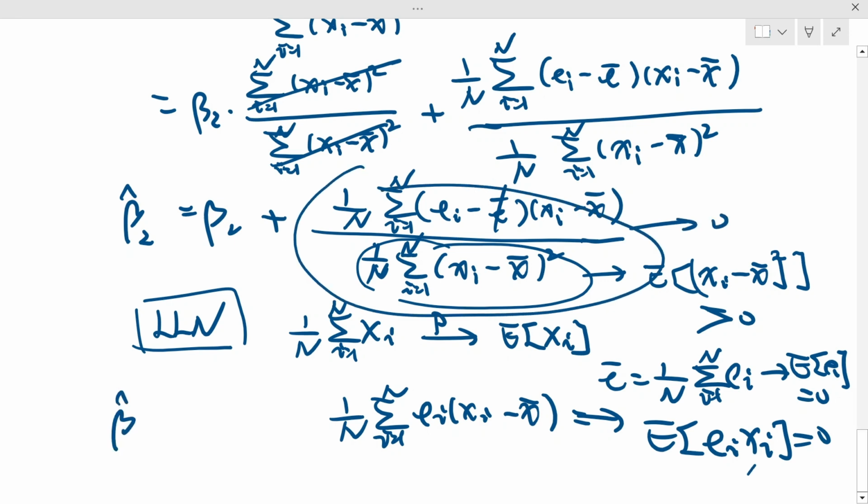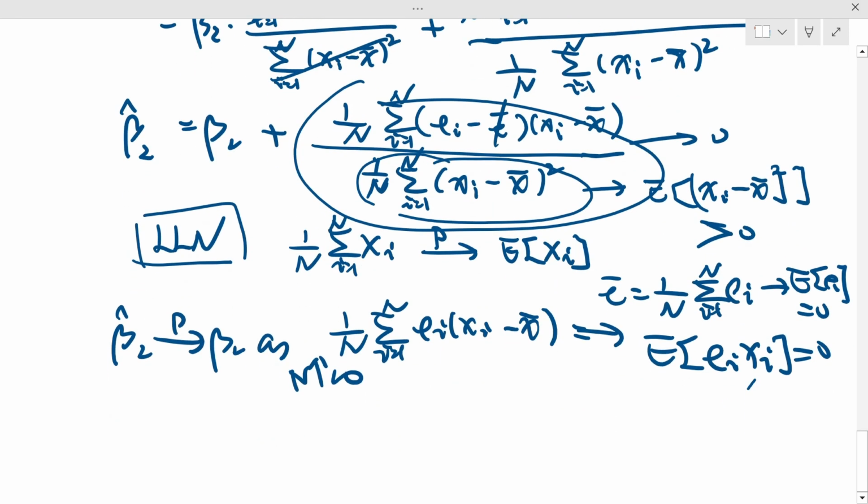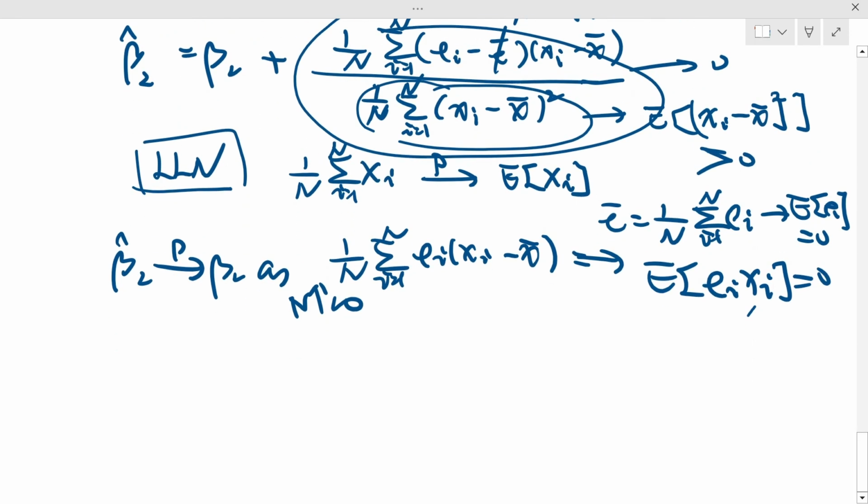So beta hat 2 converges in probability to beta 2 as n approaches infinity. So indeed, given our assumptions, our estimator converges to the true value. In probability, we call this beta 2 hat is consistent.